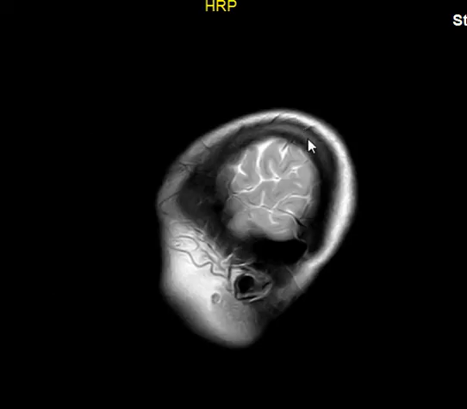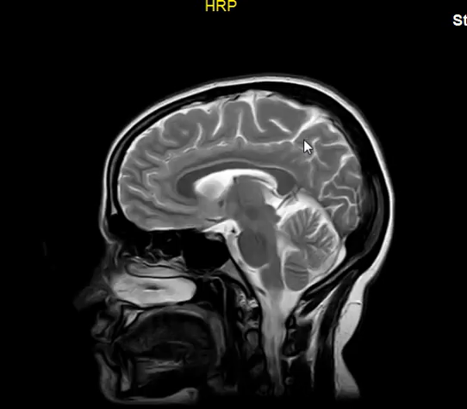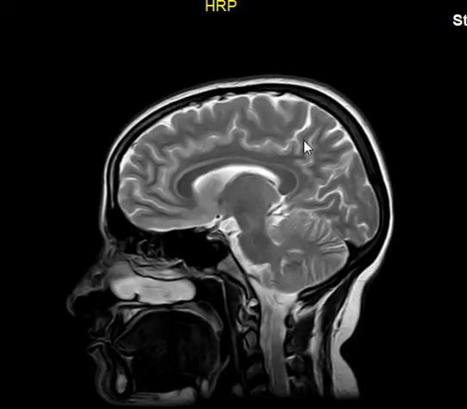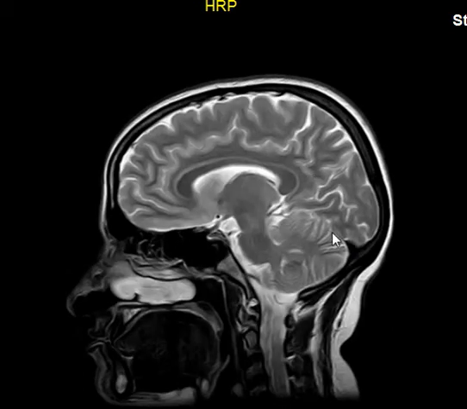This is the falx cerebri, and on the sagittal images, of course, you will not be able to see it because it's parallel to the plane. You will see this tiny dark line here, which is the falx cerebelli.